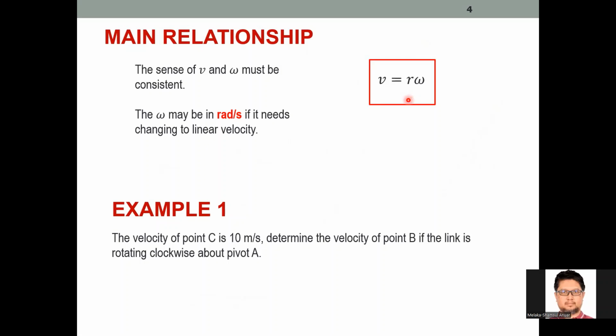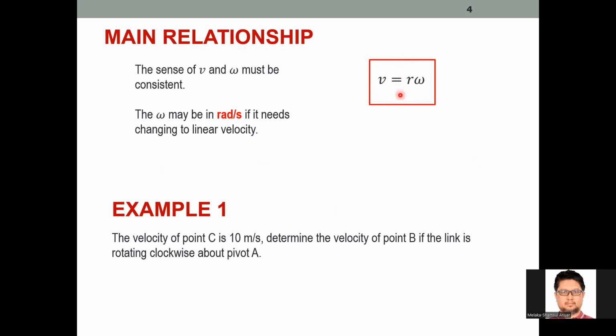And the main relationship between angular speed or angular velocity and linear speed or linear velocity is V equals R omega. Omega is the angular speed, R is the radius, and V is the linear speed or linear velocity.